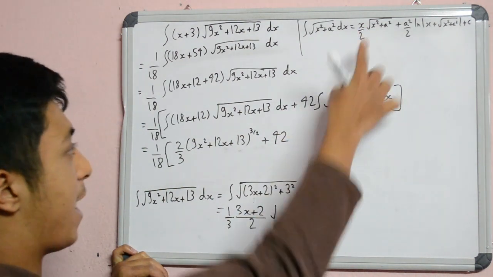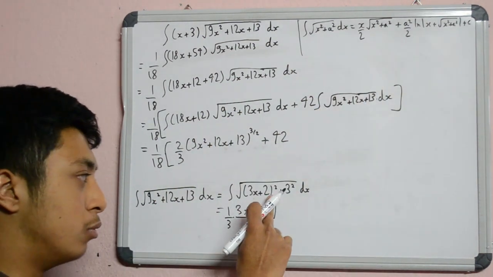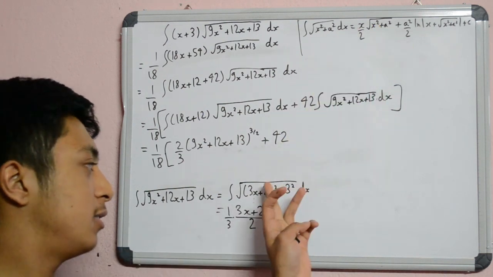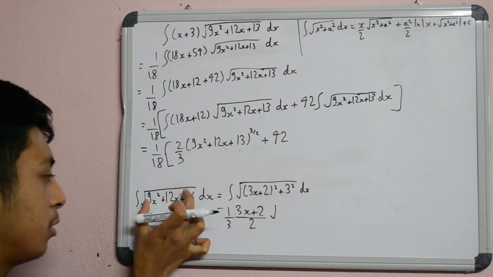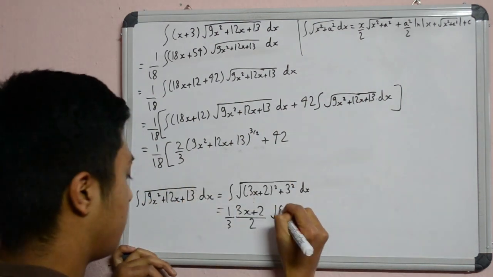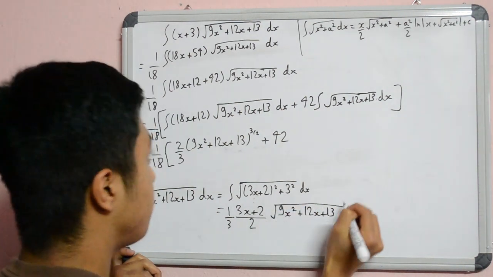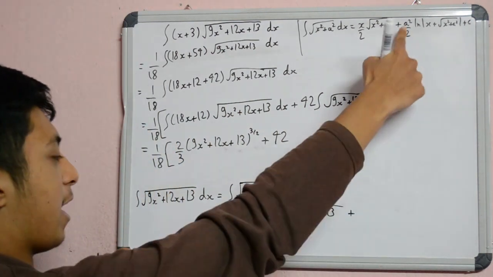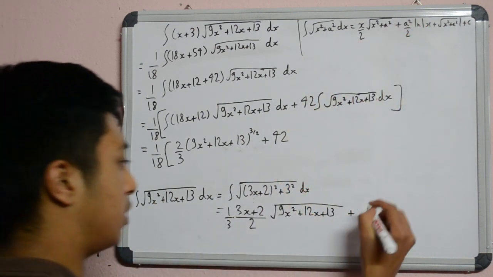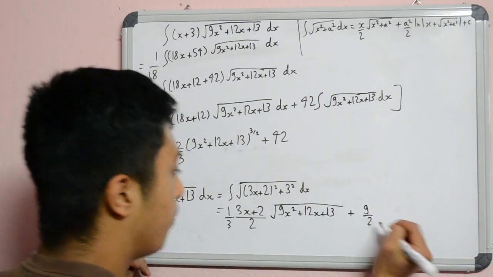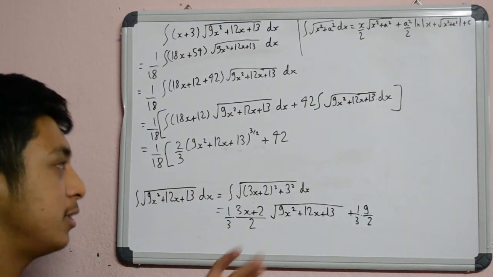So this is 1 by 3 into this part, which is root x squared plus a squared. Now x squared plus a squared will be 3x plus 2 whole square plus 3 squared, right? Just this. But this part over here is just equal to this root, so we can directly write this as root 9x squared plus 12x plus 13 plus a squared, and a squared is just our 3 squared, because here a is our 3, so this is just 9 by 2, but we have to again multiply by 3 because the 1 by 3 distributes.